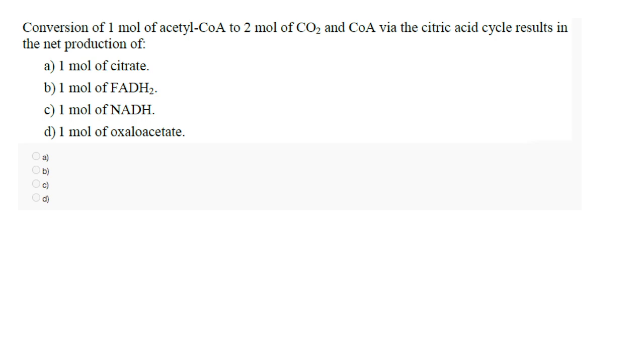So now the next question: conversion of 1 mole of acetyl coenzyme A to 2 moles of CO2 and coenzyme A by the citric acid cycle results in the net production of 1 mole of citrate, 1 mole of FADH2, 1 mole of NADH, 1 mole of oxaloacetate. Which option is correct here?